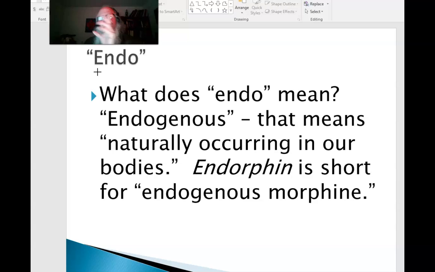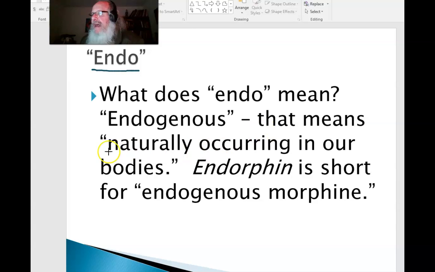We said that anandamide is an endocannabinoid, cannabis-related compound. And we said that endorphins are endogenous opiates. What do we mean when we use this particular prefix?